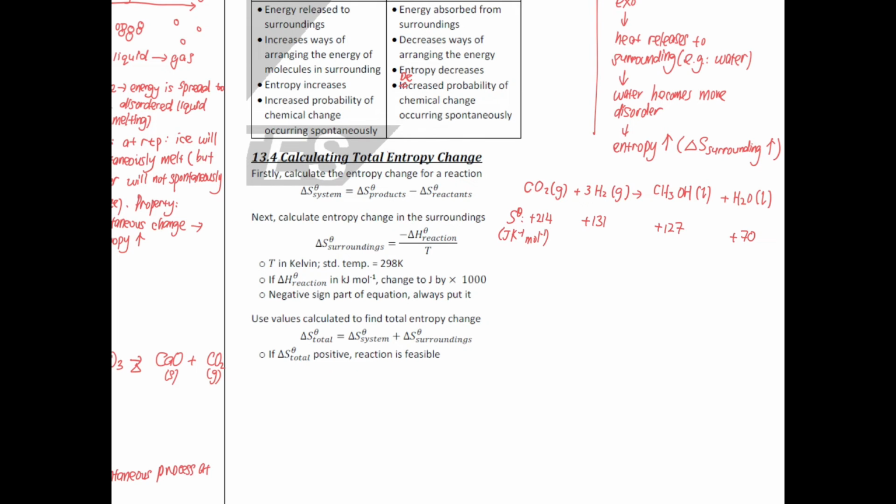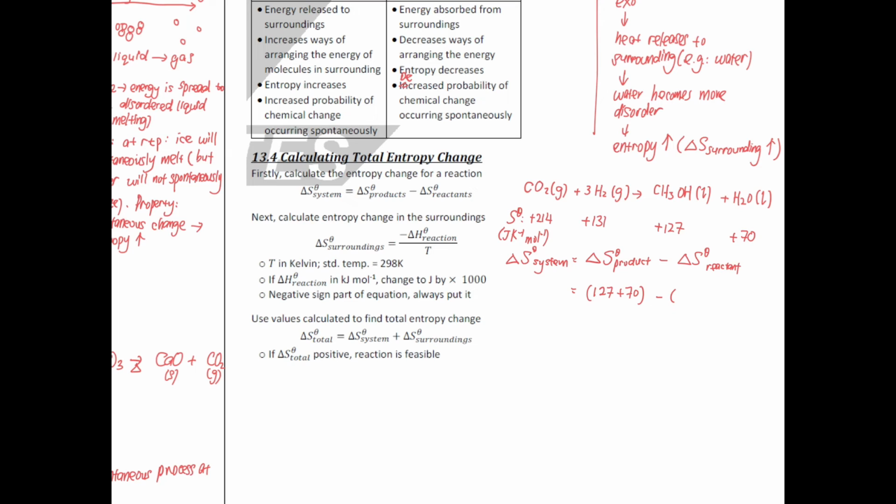Okay, so the entropy change of the system equals the entropy of the products minus the entropy of the reactants. What should we do? We just add up the entropies of the products, which are 127 and 70, minus the entropies of the reactants.